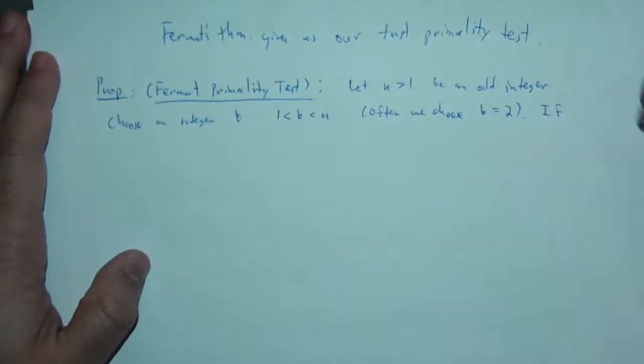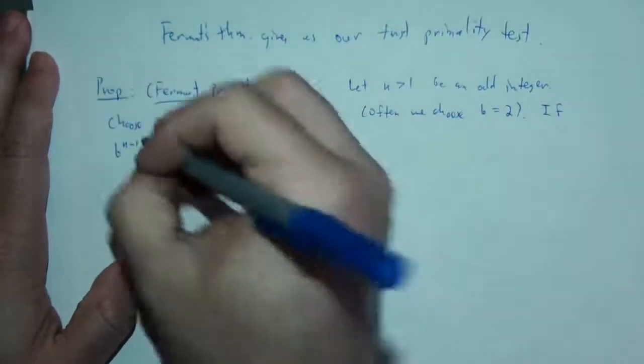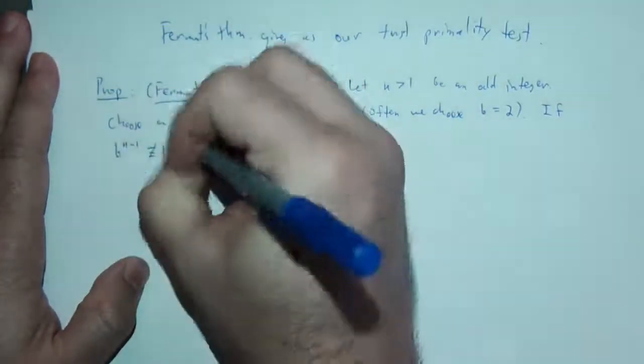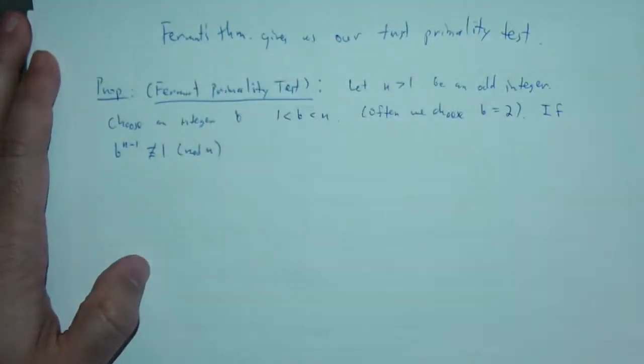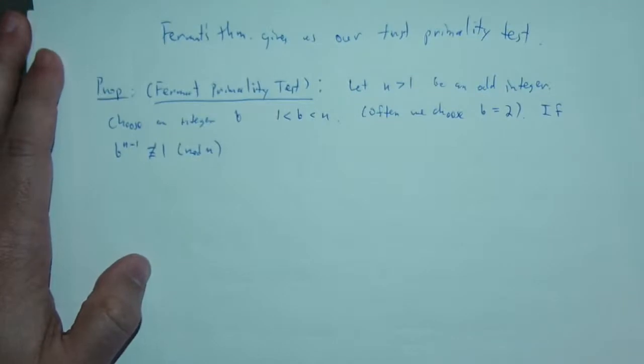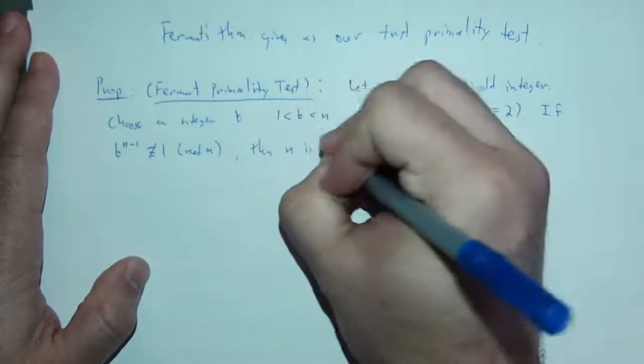If b to the n minus 1 is not congruent to 1 mod n, well, then what has to be true by Fermat's little theorem? Then n is composite.